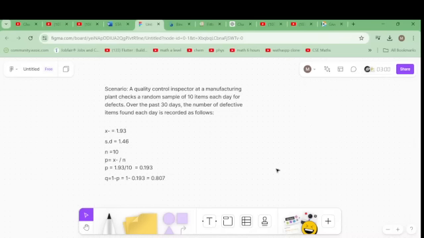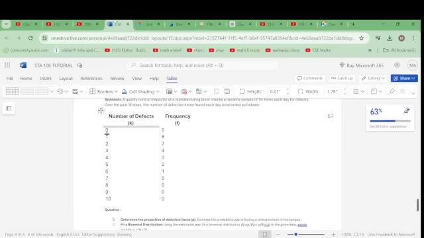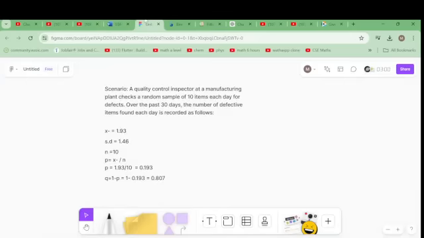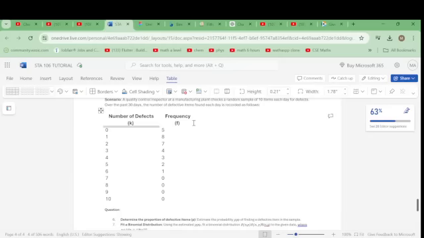We find the probability for each data here, 0 to 10. Our n is 10, so we find it on our table. We find the 0 to 10 on our table.